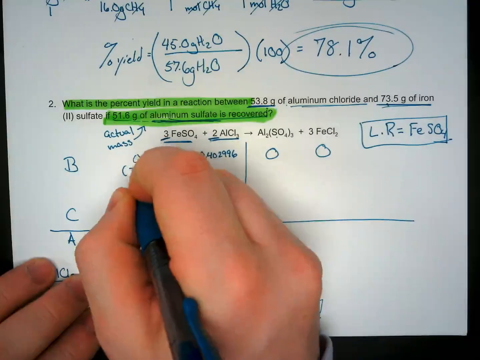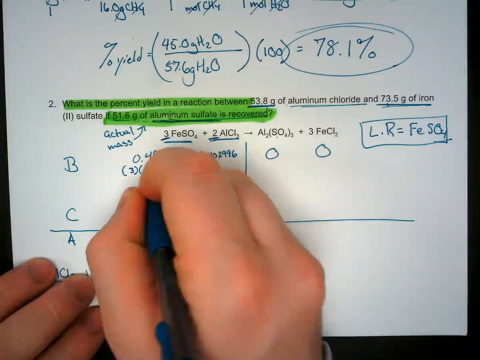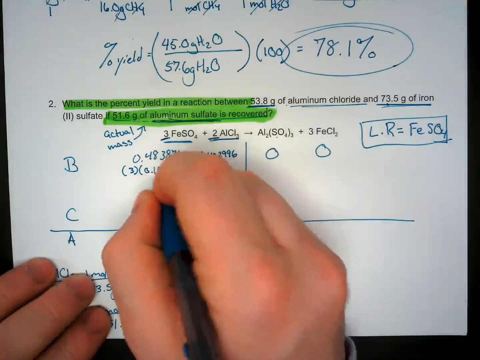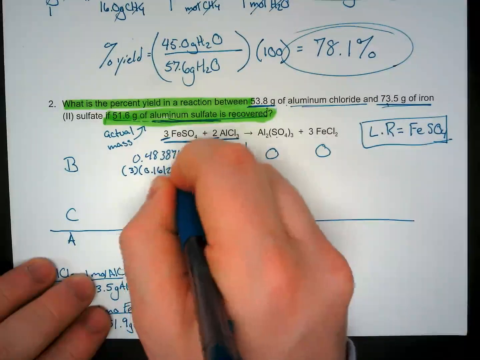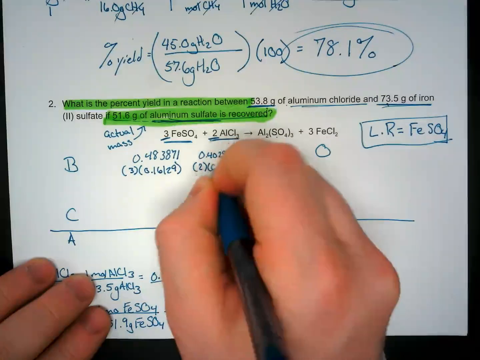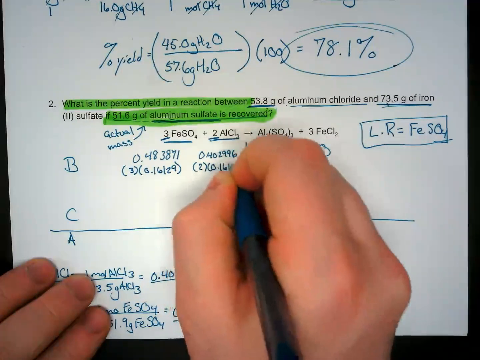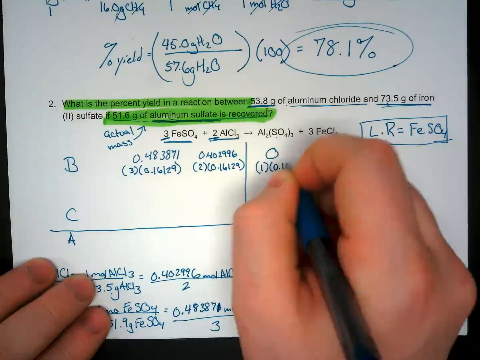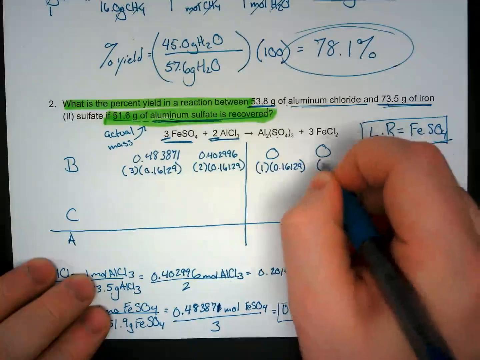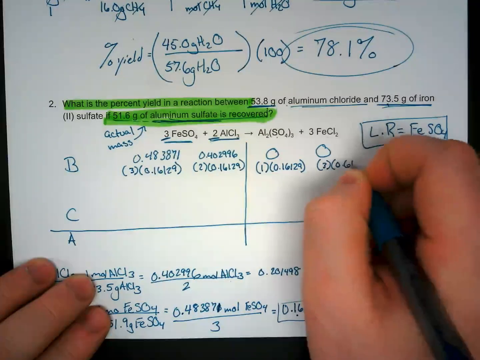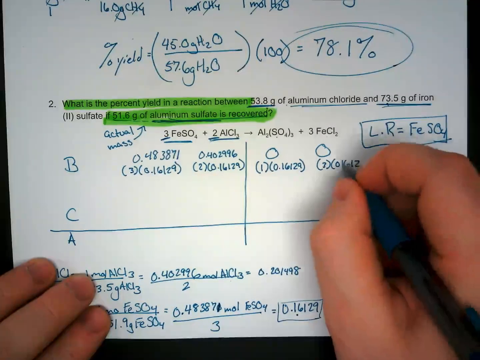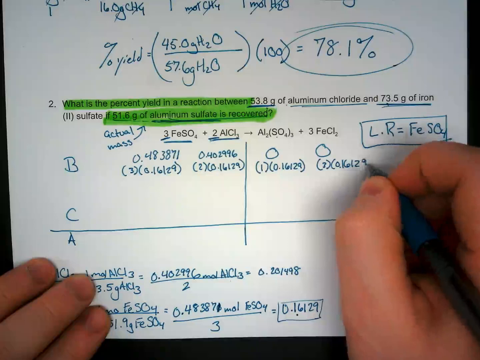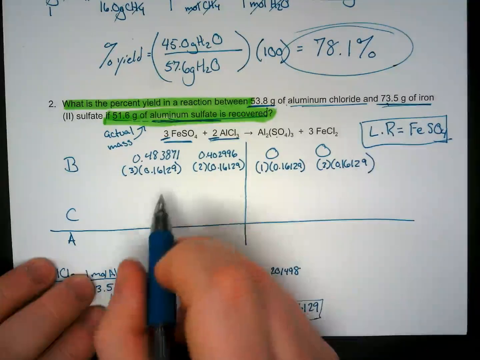So 3 times 0.16129, and then 2 times 0.16129, then 1 times 0.16129, and then 3 times 0.16129.